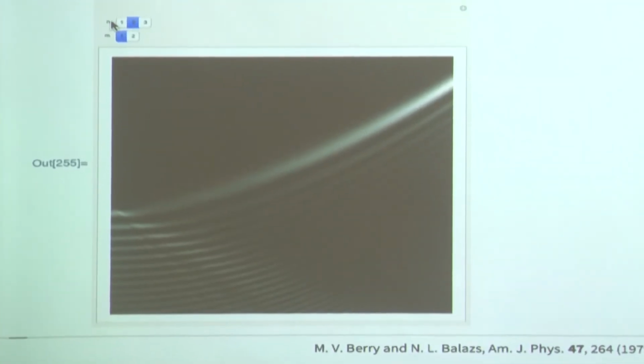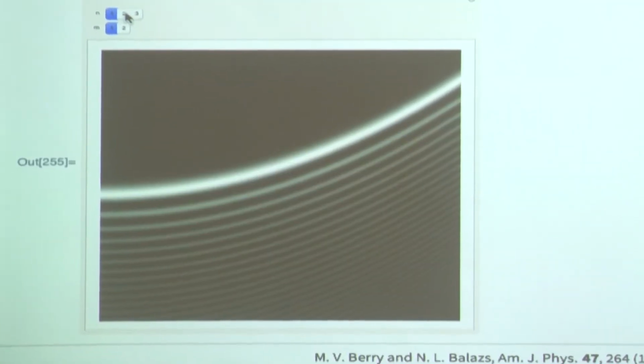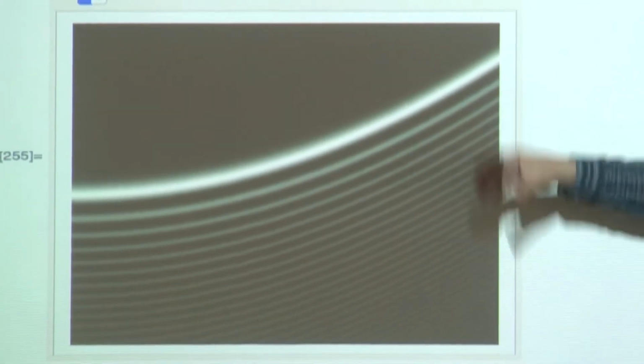So I can go back and forth. You can see that the features heal themselves. They come back alive. So this beam seems to be doing weird things. It self-heals, and it travels on a curved path.